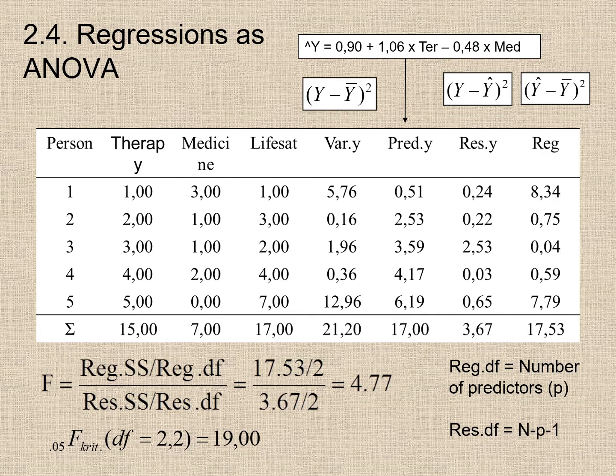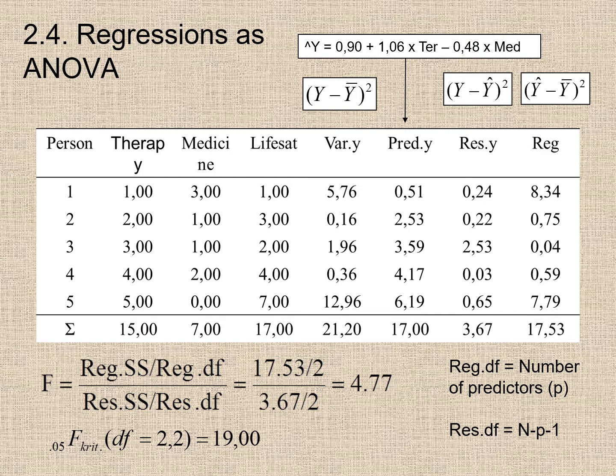What is the null hypothesis? We could express it using explained variance. The null hypothesis is that the amount of explained variance in the population is 0. The null hypothesis is that R square in the population is 0.